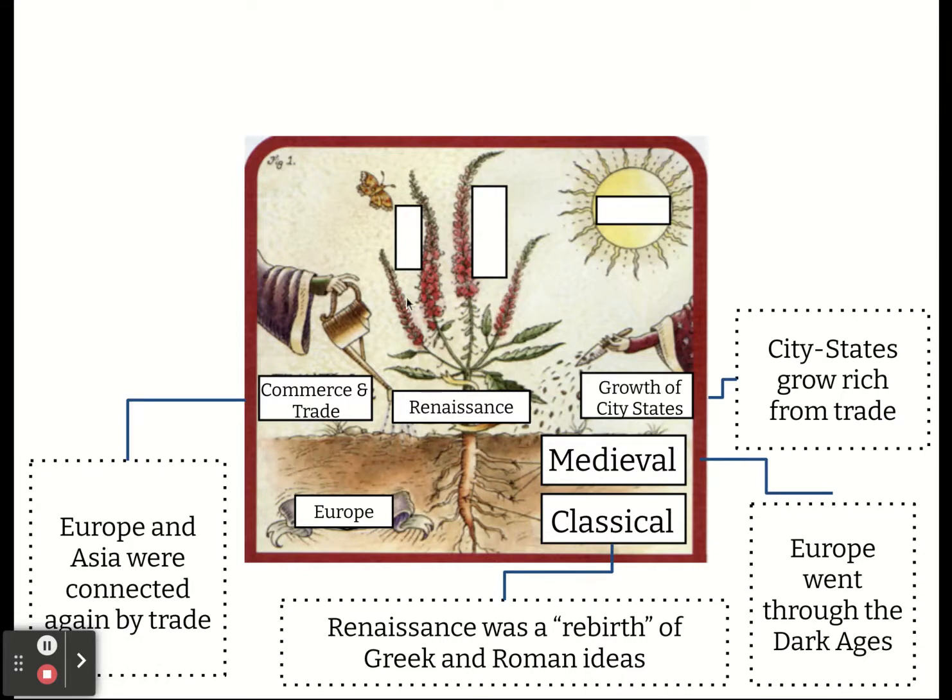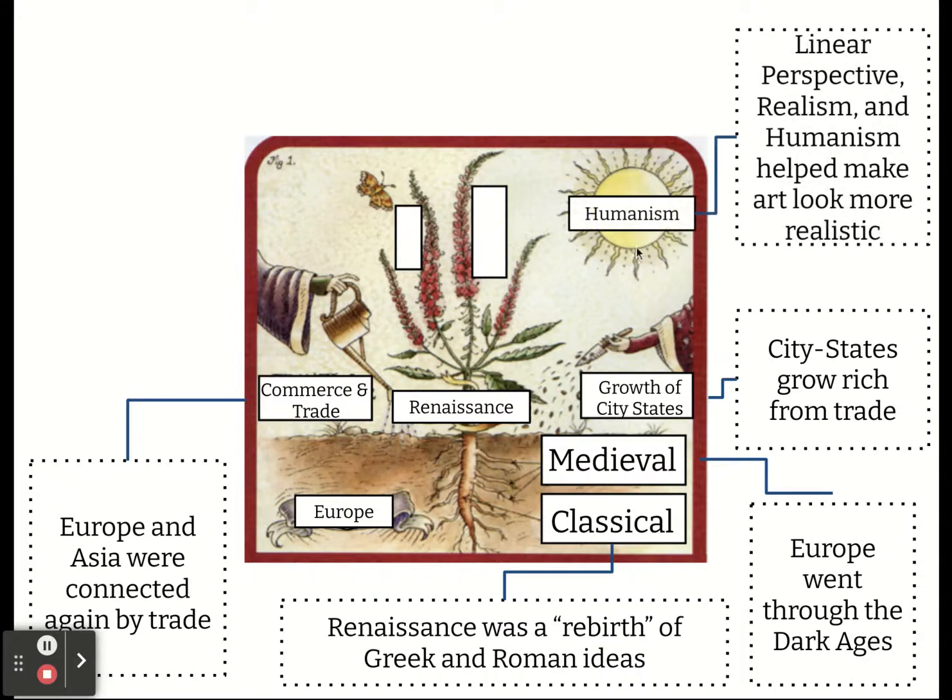So this, in terms of the plant, the commerce and trade is like the water helping to grow, and the growth of city-states, this kind of looks like seed or maybe fertilizer that's helping this plant to grow. Next, we have the sun, is humanism.